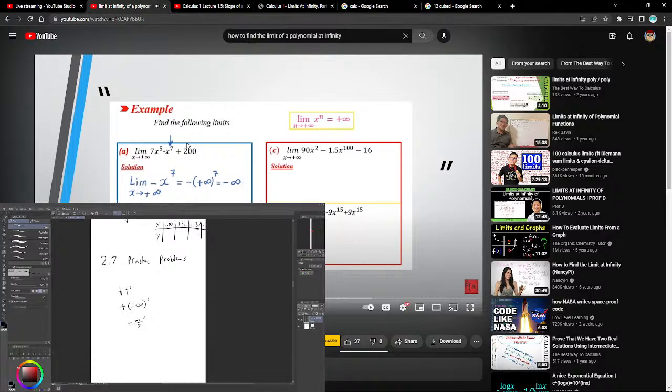So B would be positive infinity, C would be negative infinity, and D would be, but it has 2. Wait. D would be positive infinity.